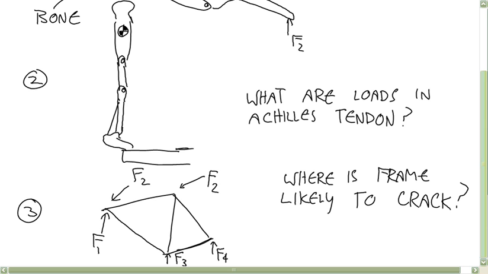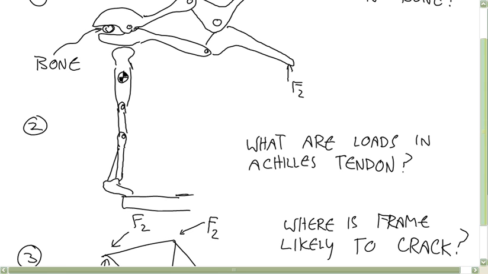And what we're going to see is you can treat all 3 of these cases as exactly the same type of problem. The book actually breaks problems up into a few different types: trusses, frames, machines, probably some other ones.